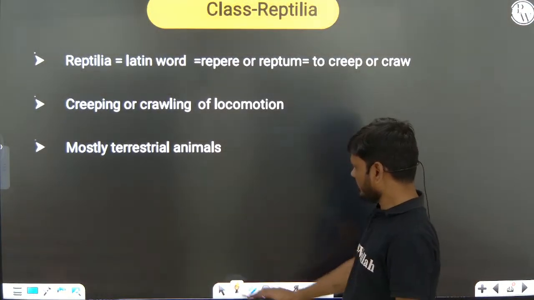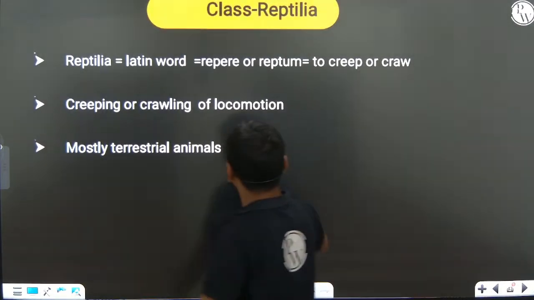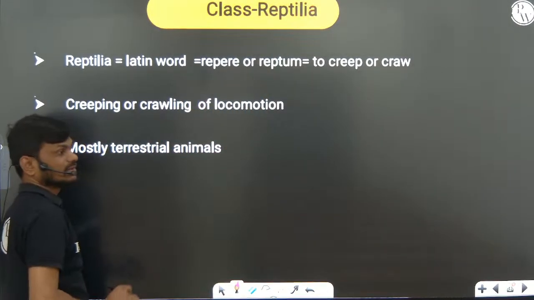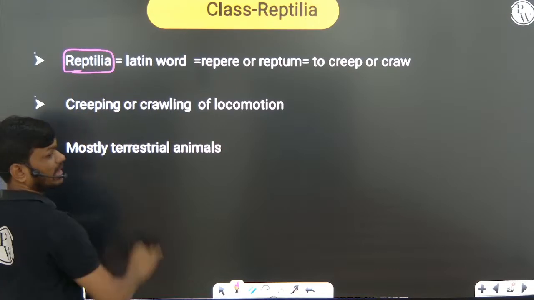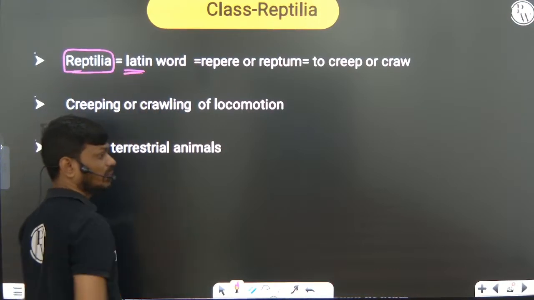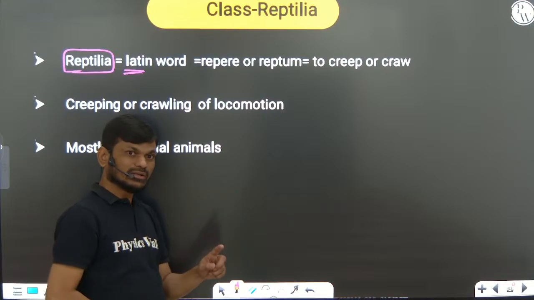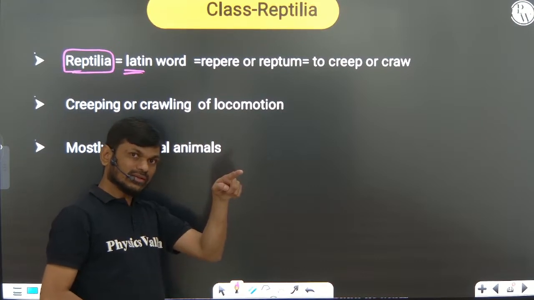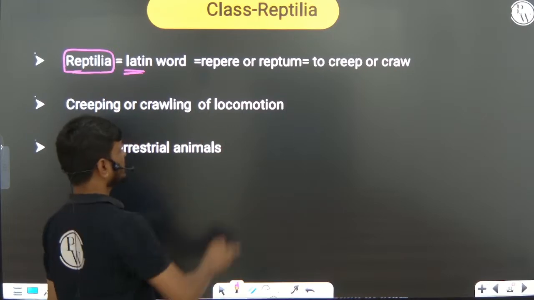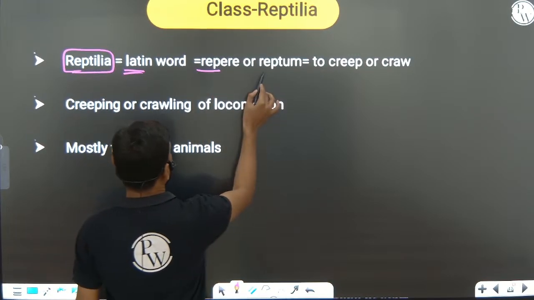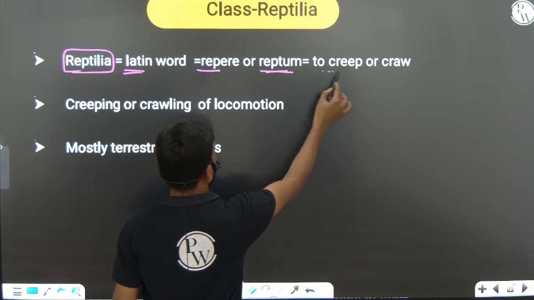Next, reptilia. The class name reptilia is taken from a Latin word. Amphibia is a Greek word. Annelida is a Latin word. Again here, reptilia is a Latin word from reptum, which means creeping or crawling.